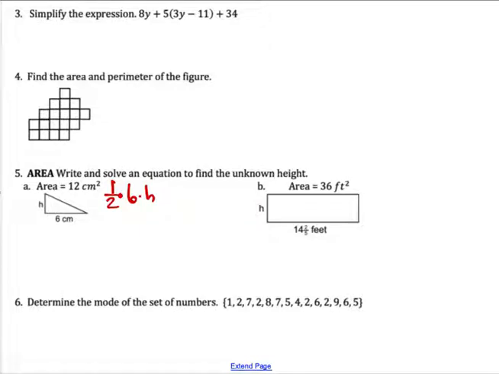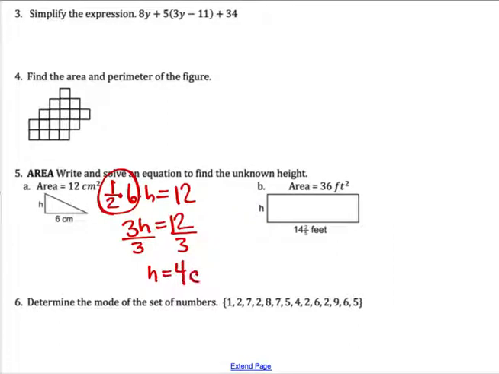So 1/2 times 6 times h, and that's going to equal 12. Well, 1/2 times 6 we can simplify down to 3. This is 3 times the height equals 12. If we divide both sides by 3, we find out the height is equal to 4 centimeters in this case. So the height is 4 centimeters.